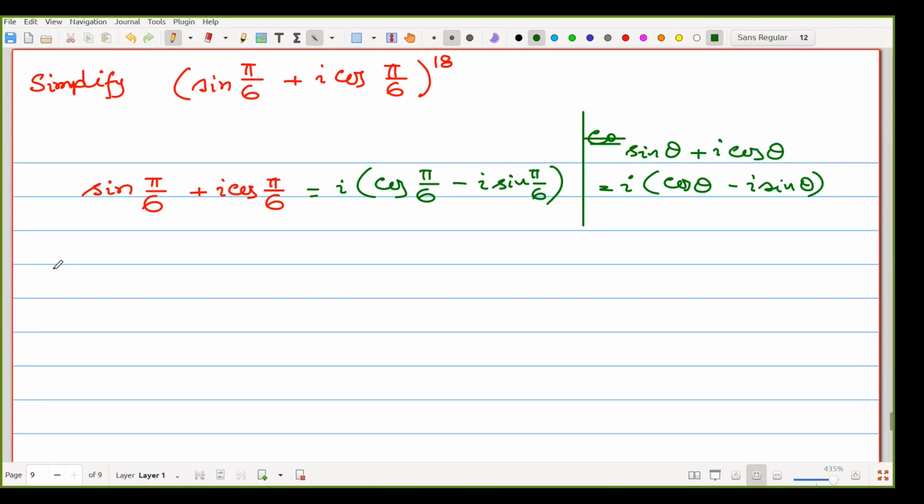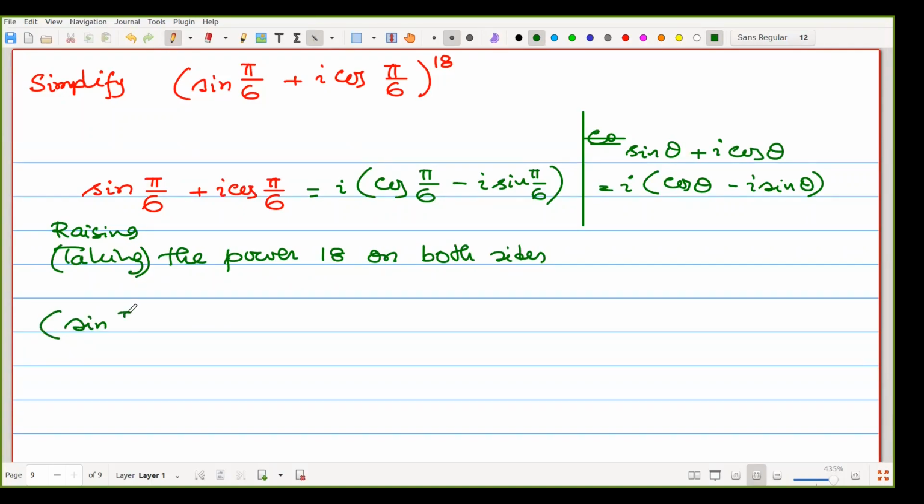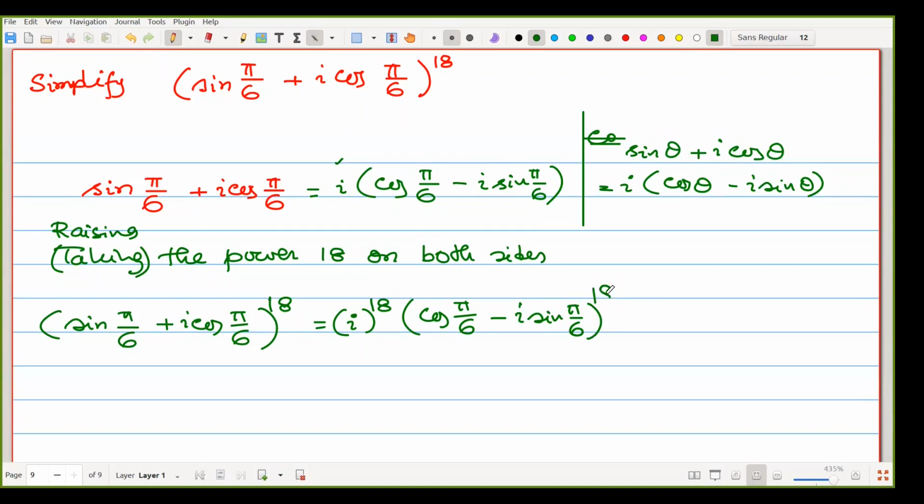Okay, so we are taking the power 18 on both sides, which you can also call raising. So sine of pi by 6 plus i cos pi by 6, whole to the power 18, is i to the power 18 times (cos pi by 6 minus i sine pi by 6) whole to the power 18.